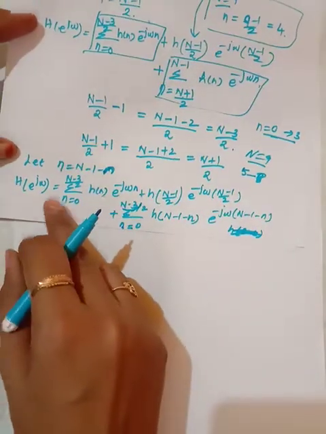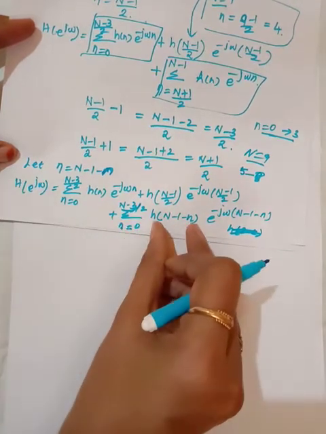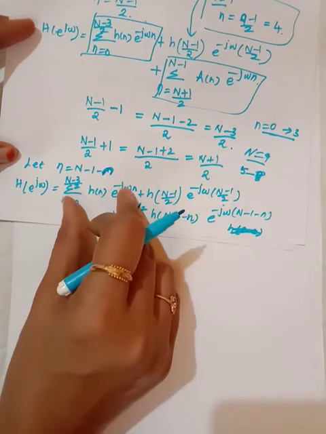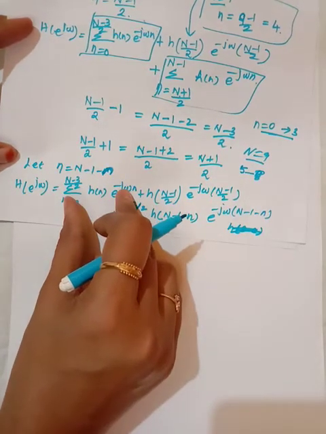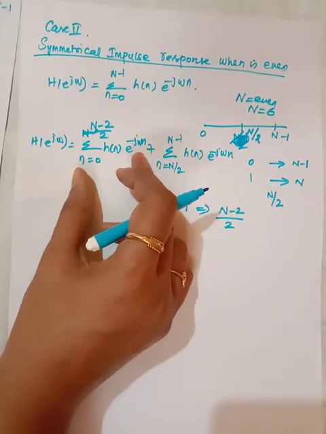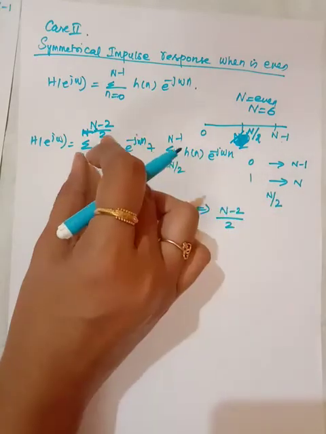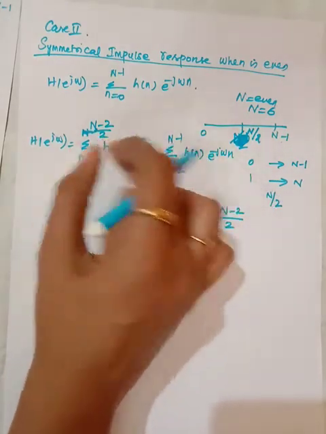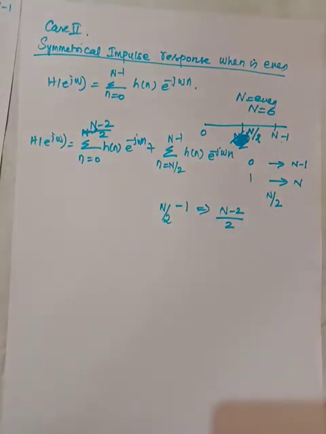What we did here after writing this, we have to substitute the symmetric condition. We are going to calculate only the first half, and we are going to simplify and put the similar values for the second half.